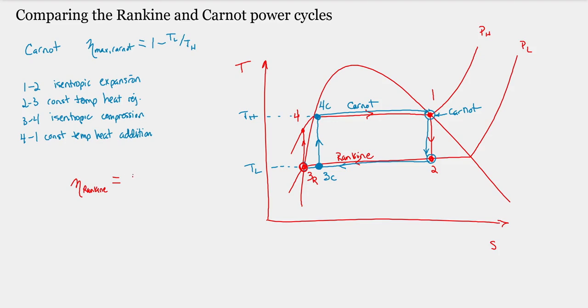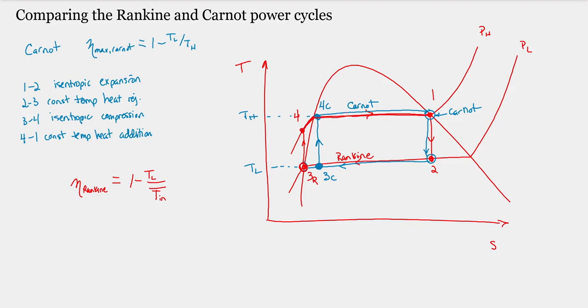The Rankine cycle can be approximated by 1 minus T out, just like it was before, T low here, so T low, divided by an average temperature, that is the average temperature for the heat addition. And that average temperature is going to be the temperature averaged from state 4 all the way to state 1.